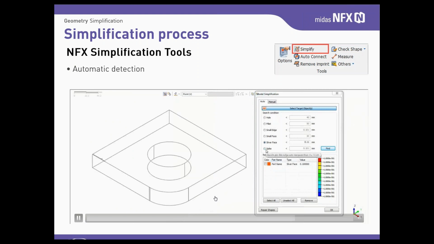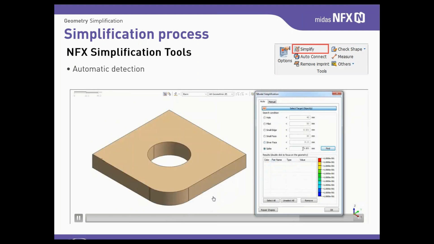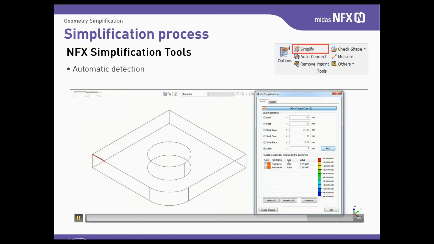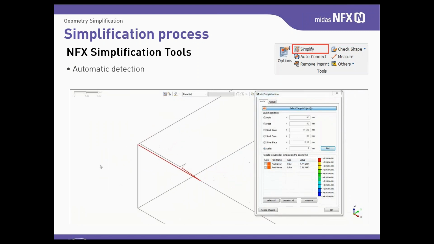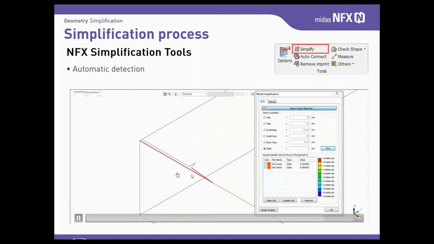And finally, I will look for the spike. And I will show you on the next slide how to find the spike. So what I did at this moment, I specified a value of 1 millimeter and the spike has been recognized. Actually, two values are related with the spike.